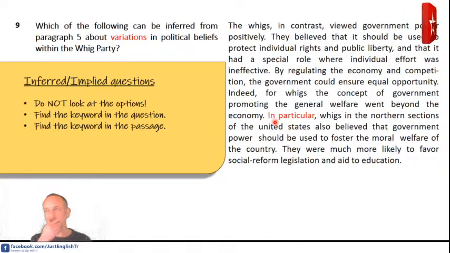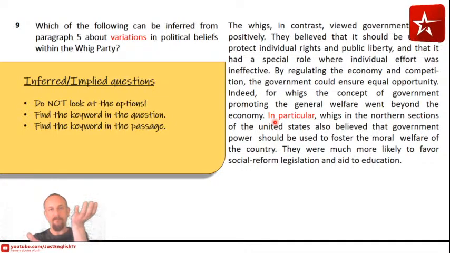Especially. So if we look at an example: everybody likes chocolate, but Joseph in particular likes chocolate, or Joseph especially likes chocolate. Are we saying Joseph is the same as everybody else, or that he's different?